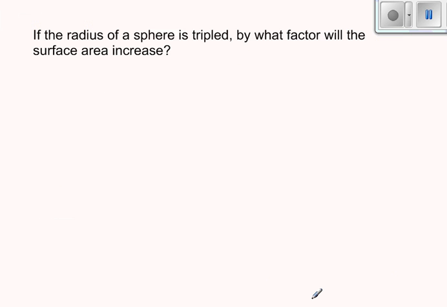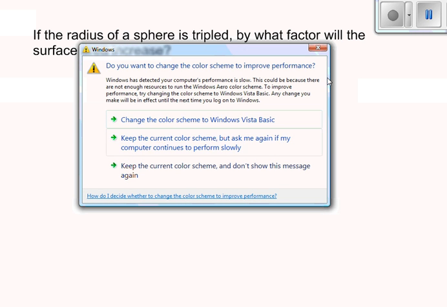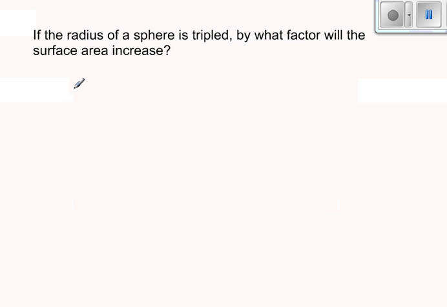Next one. Ooh, a good one. If the radius of a sphere is tripled, by what factor will the surface area increase? So I'm going to help set this up before I tell you to pause. So I have a sphere, and this sphere has a radius called r. And it also has some surface area.